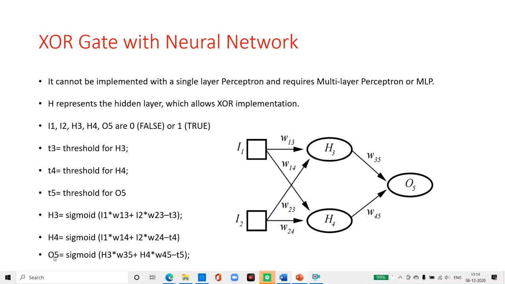And the final output equals sigmoid of H3 with weight W35 plus H4, this hidden layer, into W45, minus T5. The threshold value for the output 5 is T5. So this is the XOR gate with a neural network.